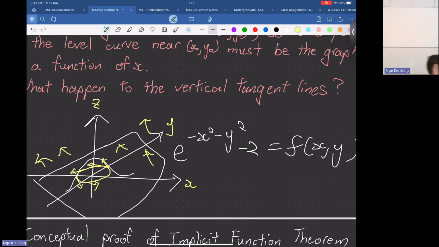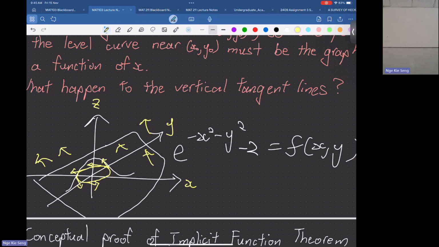Okay, can you convince yourself that I can write this circle using a function y equals a function of x? Can you convince yourself of that? A circle doesn't seem to work, right? But remember what I told you? I can split the circle into an upper circle and a lower circle. This is what I mean by sufficiently near. If you are on the upper circle, I look at points near the upper circle, and I don't want the points of the lower circle.